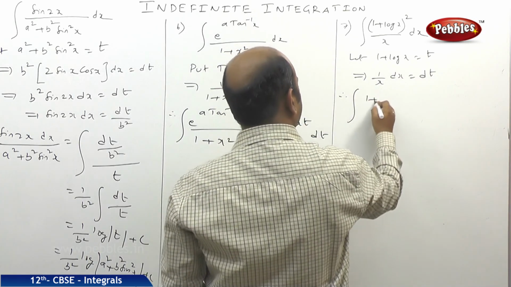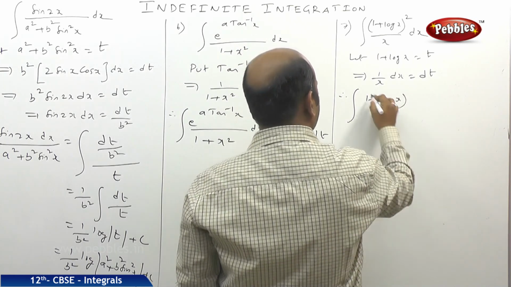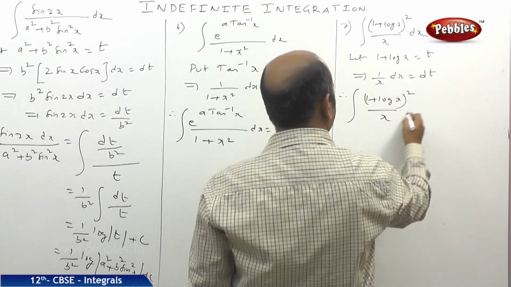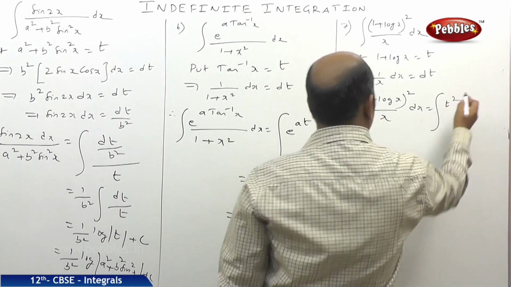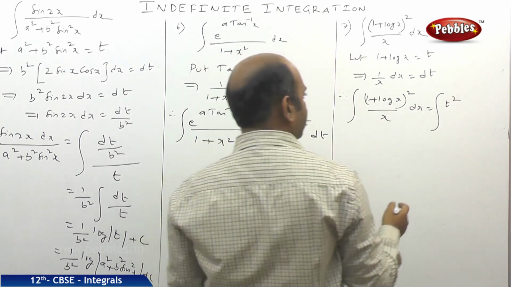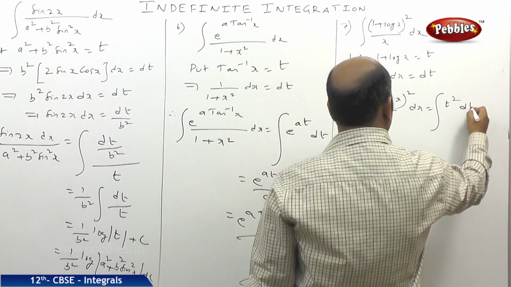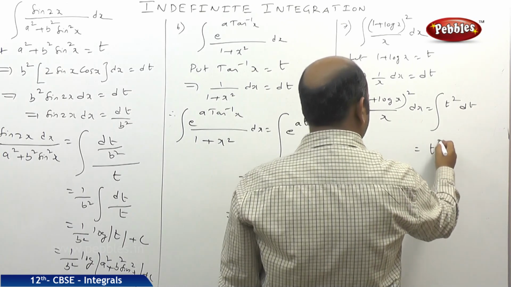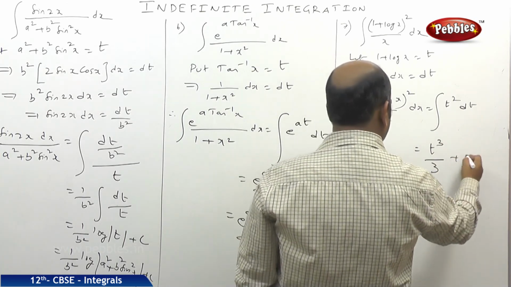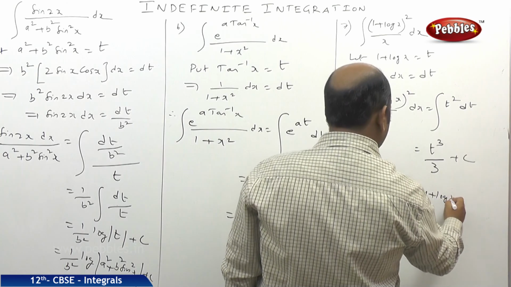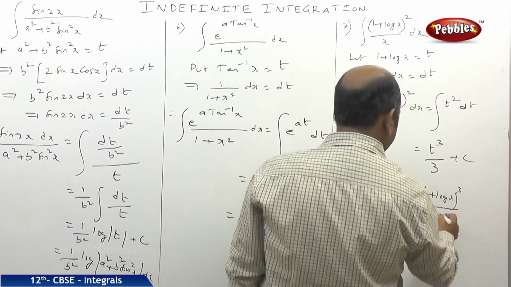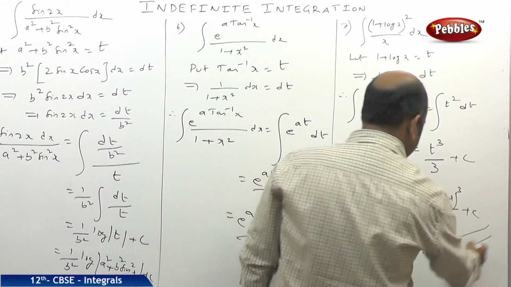Therefore the integral of 1 plus log x whole square by x dx is, 1 plus log x means t, so t square, and dx by x becomes dt. The integral of t square is t cube by 3 plus c. In place of t, I substitute 1 plus log x, so the answer is 1 plus log x whole cube by 3 plus c.